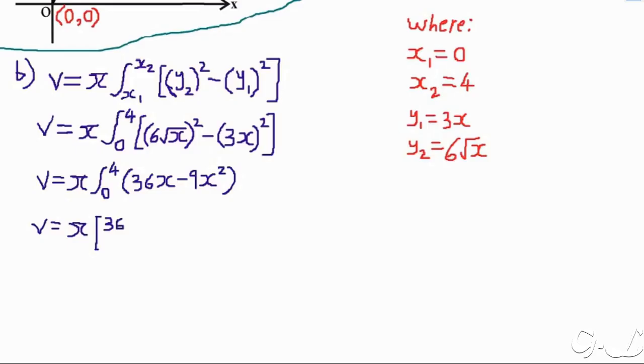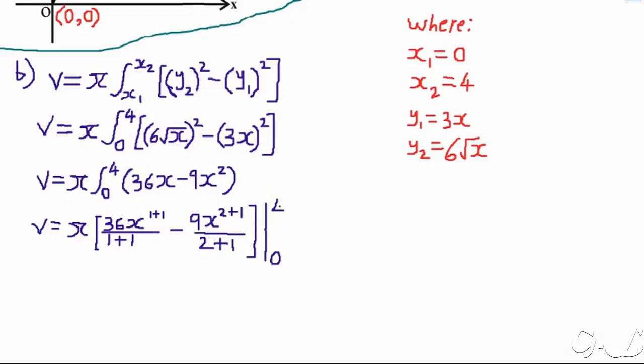So let's start by integrating. When integrating, we add 1 to the power of x, so it will be 1 plus 1, and we put it down, and then we do the same on the right hand side: we add a 1 and divide.